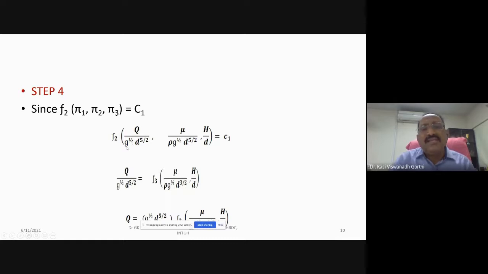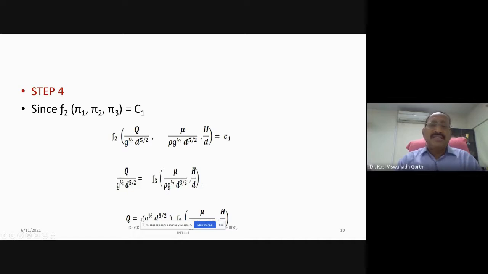Correspondingly, Q by g to the power half d to the power 5 by 2 is equal to some other function f3 of mu by rho g to the power half d to the power 3 by 2, comma, h by d. Or the discharge Q is equal to g to the power half d to the power 5 by 2 into some function f3 of mu by rho g to the power half d to the power 3 by 2, comma, h by d.